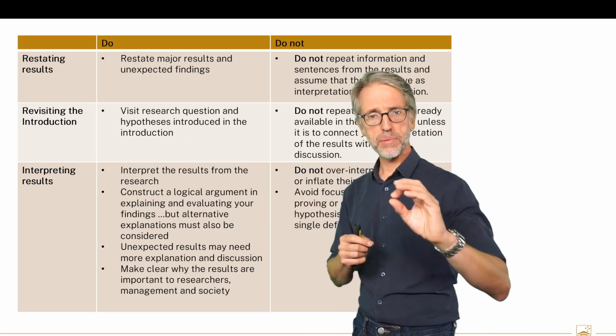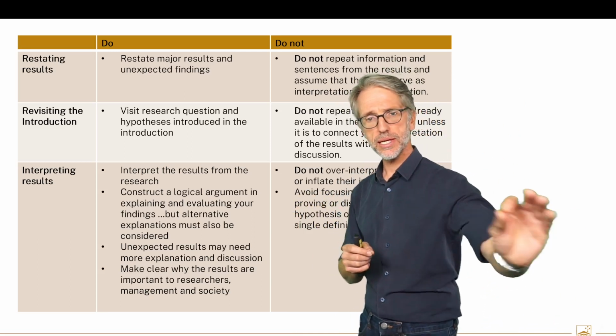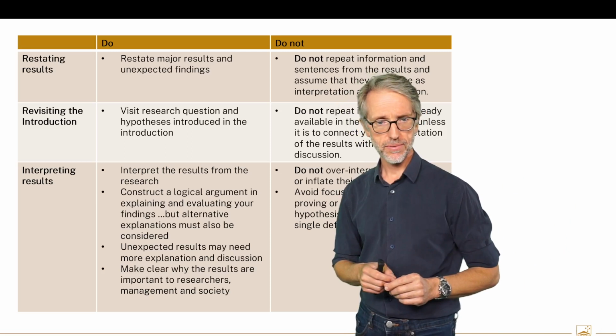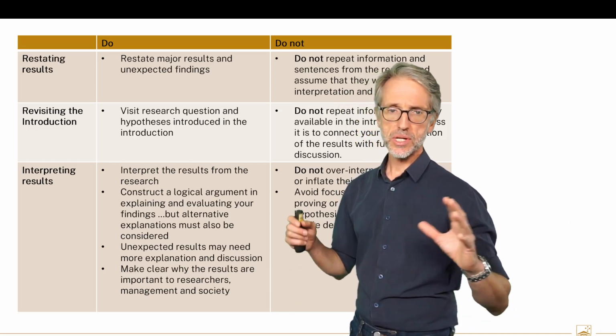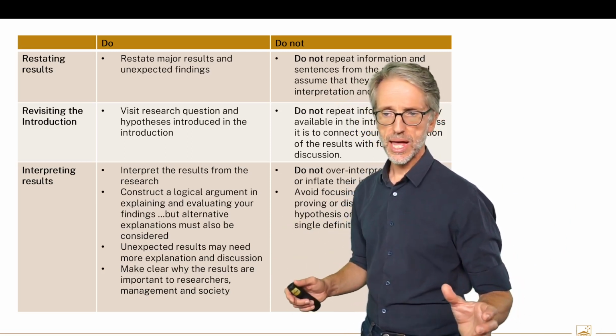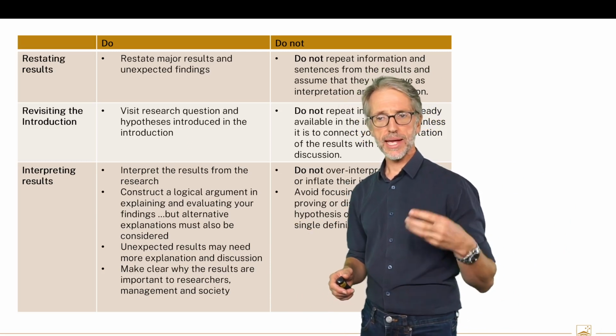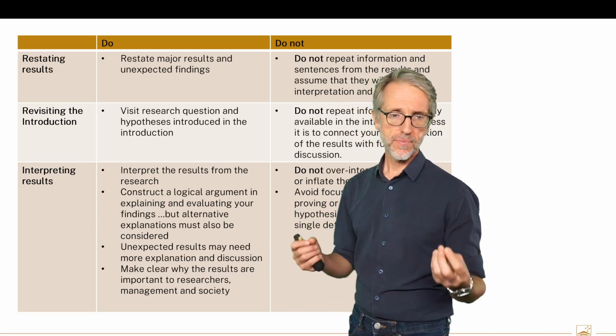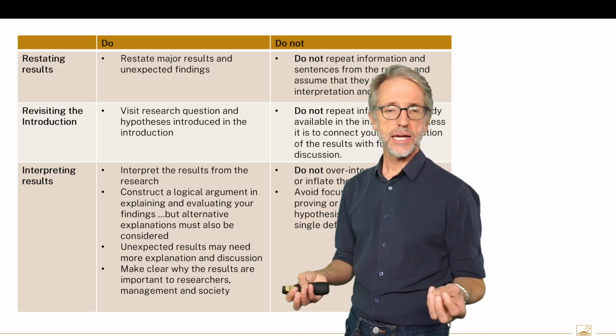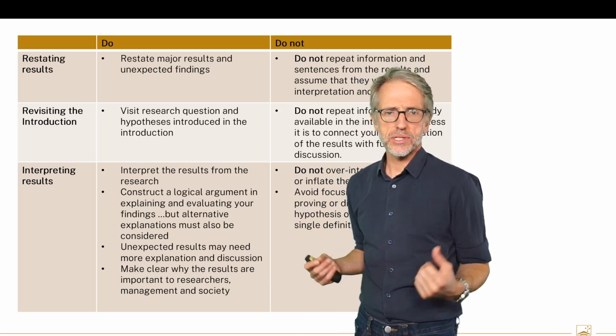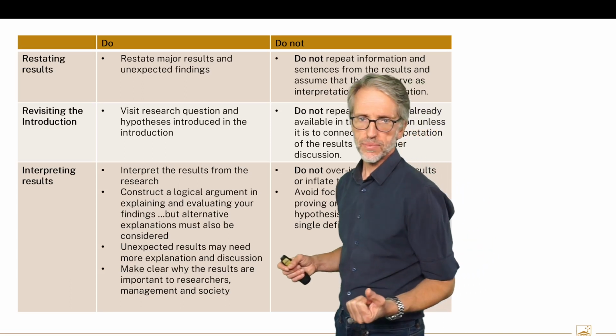It should all be leading to this clear final statement. No unexpected results, no new discussion points, but there should also be a clear, in the end, set of statements about what the relevance of the work is.